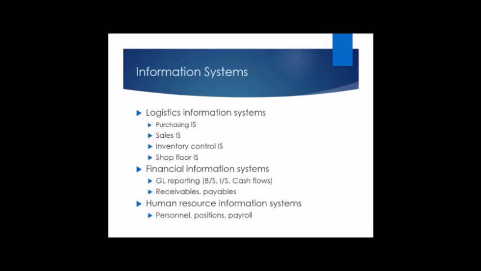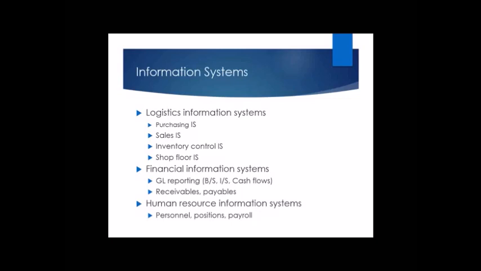There are three broad categories of information systems: the logistic information system, the financial information system, and the human resource information system. Logistic information systems support all the logistic processes, including acquisition, storing, creation, and distribution of materials.